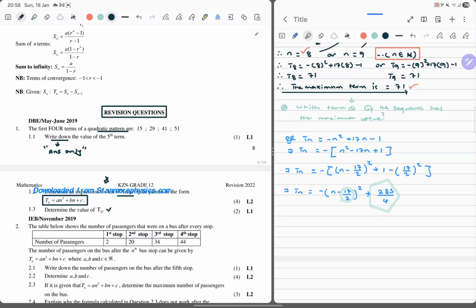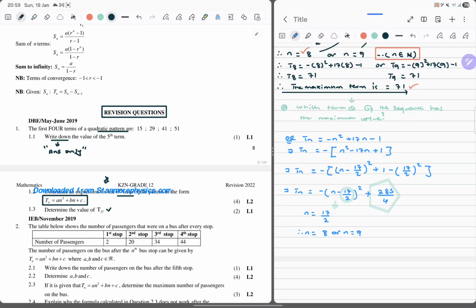So because of that, what are we going to have to do? You take this down. You will say n must be equal to, remember, it's going to be 17 over 2, right? And you go on and say, therefore, n is either 8 or n is 9.